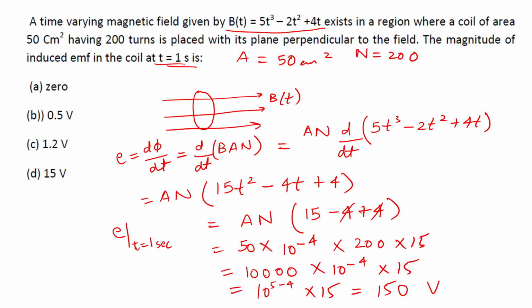No, wait. Sorry, this is not 10 to the power 5. This has 4 zeros, so this is actually 10 to the power 4. This is also 10 to the power minus 4. So this will cancel and we'll get 15 volt. 15 volt is the correct answer.